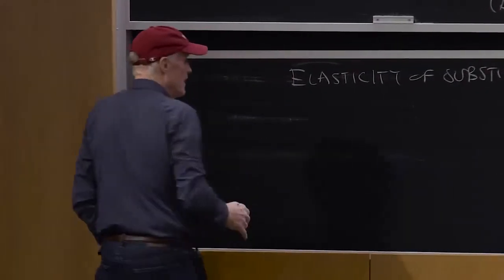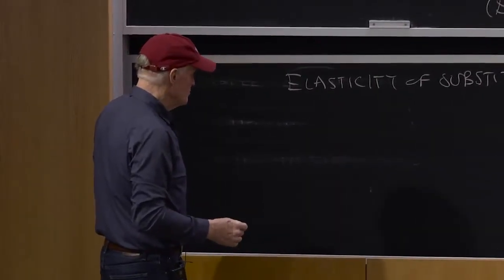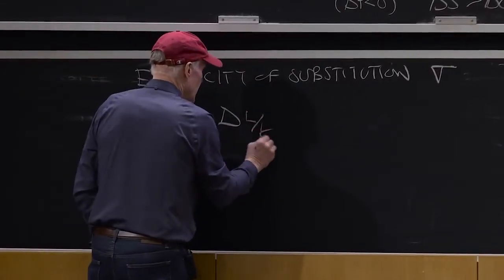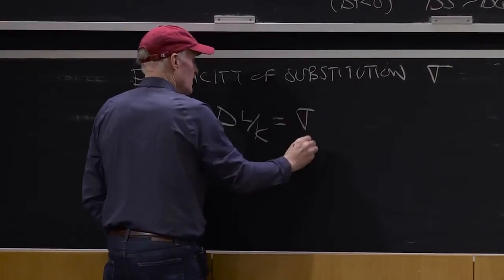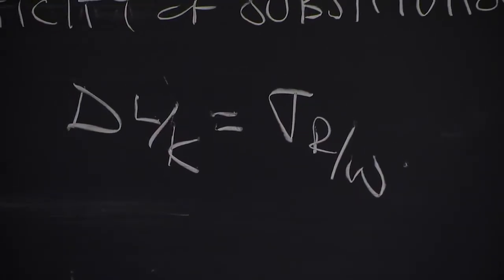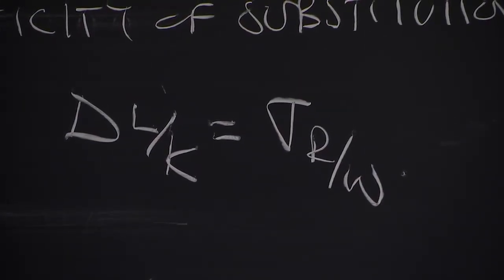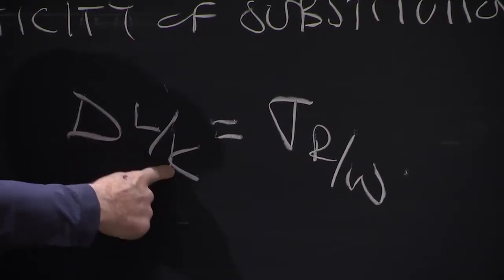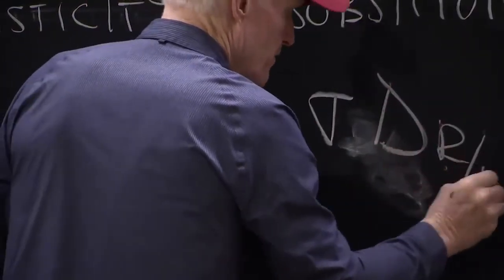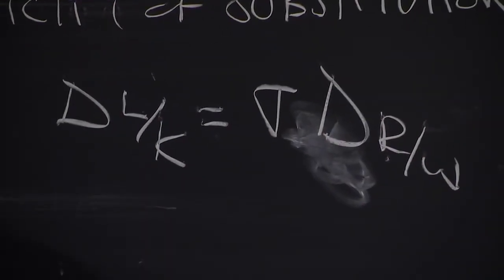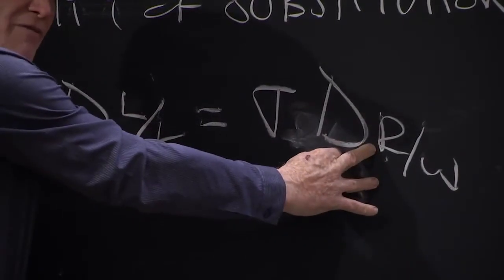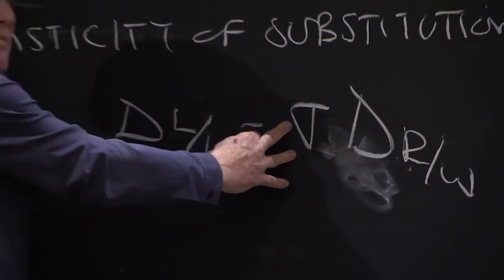So we're going to think of the elasticity of substitution as delta L over K equals sigma times delta R over W. This is where economists, I made it little r, big R, doesn't matter, that's the rental rate of capital. And there's a little trick in this formula: on the left-hand side I got L over K, and on the right-hand side I have R over W. That just means sigma is going to be positive.